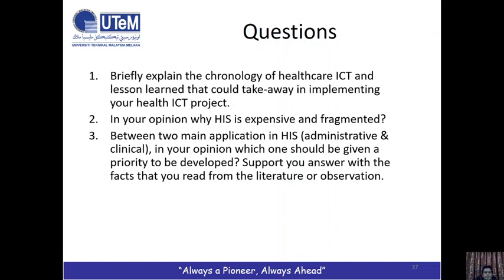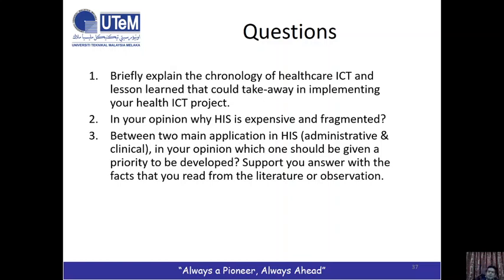Which of the applications need to be focused on or prioritized when we want to implement or deploy the application to the health organization, either administrative application first and clinical application later, or vice versa?